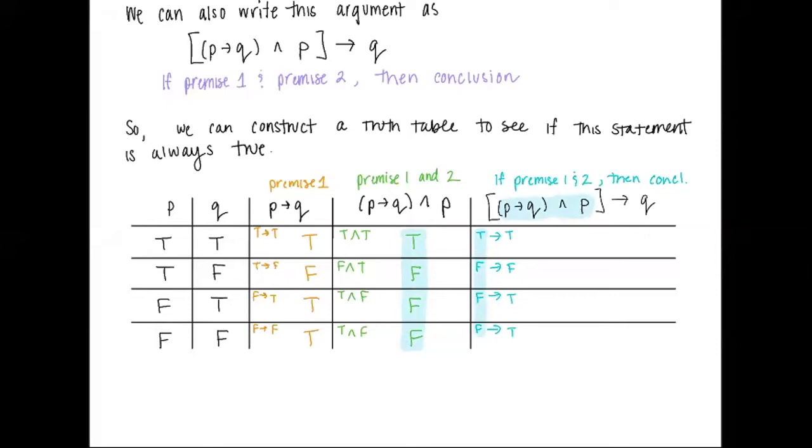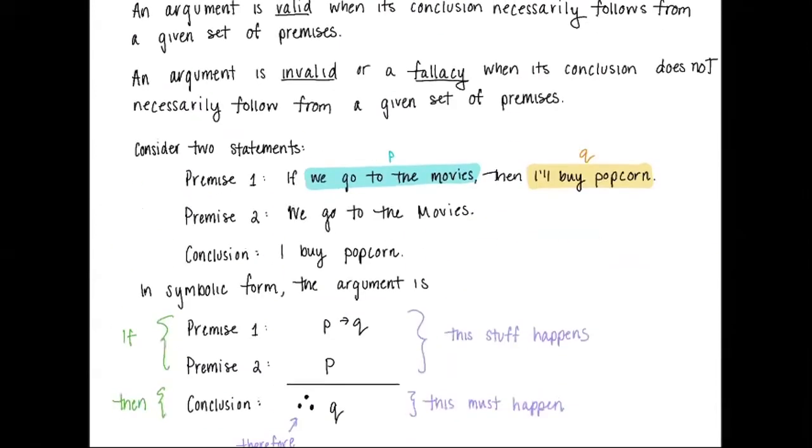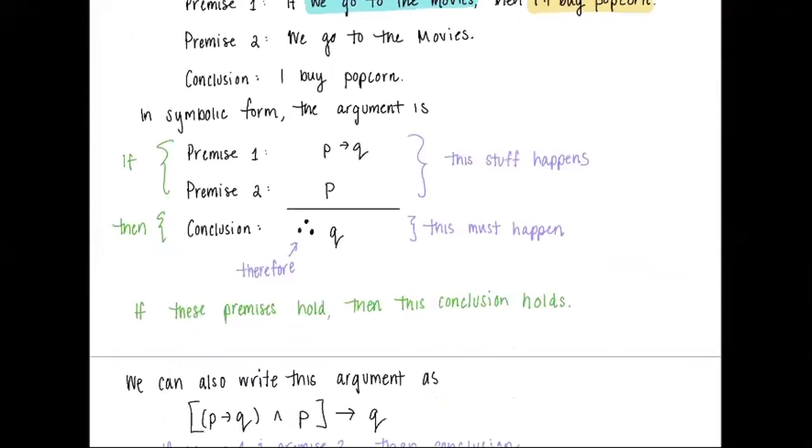If I start out true, I better lead to true, and I do. I don't have any of the problematic cases where I start true and lead to something that's false. So all of these are true. So no matter if I do go to the movies or I don't, or if I do or don't buy popcorn, I'm always making a valid argument by making this statement. So if we go to the movies, then I buy popcorn, and we go to the movies, then it has to happen that I buy popcorn. Okay.